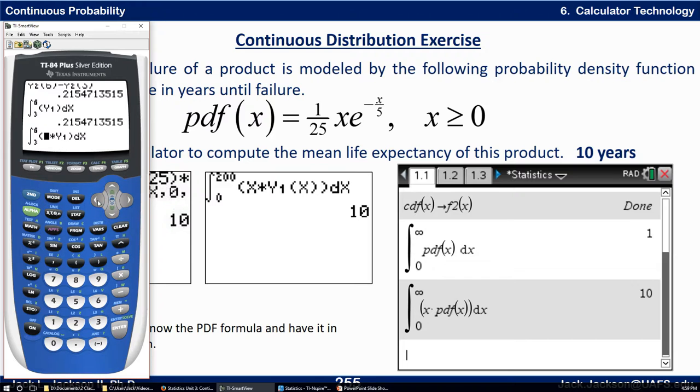This is for the mean, and I need to do it for all x's. Practically all x's is if we use 200 for the top, and we definitely want to use 0 for the bottom. Really it should be 0 to infinity. That's approximately 10. And if I do it on the Inspire, 0 to infinity, it really is exactly 10, and it gives an exact value for me.